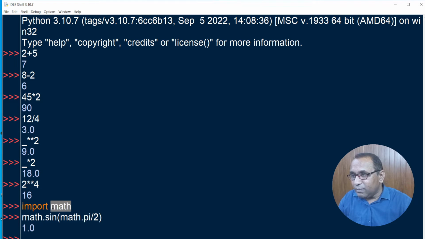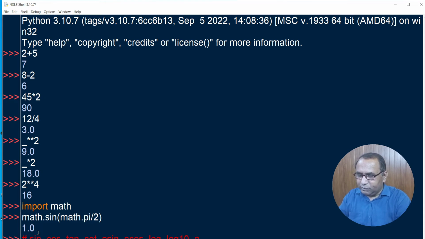See, here is the module. By using import, we are importing the module here. Then we want to use the statement. We want to calculate the sine function, and in this math module we have these functions: sine, cosine, tangent, cotangent, arcsine, arccosine, logarithm function, log10, that is log with base 10.